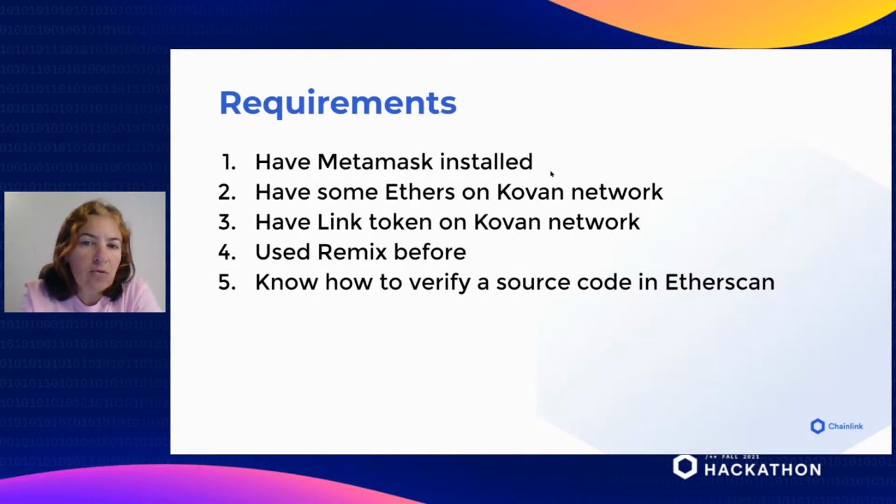We are using the Kovan testnet, the Ethereum testnet. You need to have some LINK token on the Kovan network. It would be great if you used Remix before, but if not, you can just learn now. And we need to verify the source code of our smart contract on Etherscan.